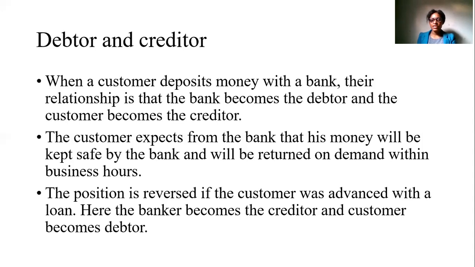The bank is the creditor, and the customer is the debtor. So when a customer overdraws, the customer becomes the debtor, and the bank becomes the creditor. Okay, so that is relationship number one, the relationship of debtor and creditor.